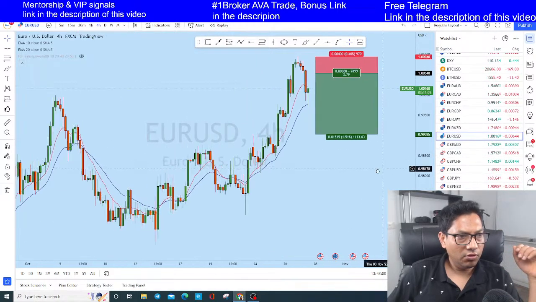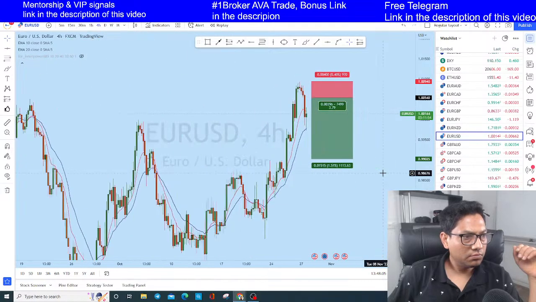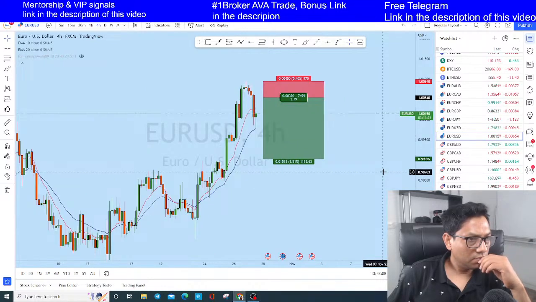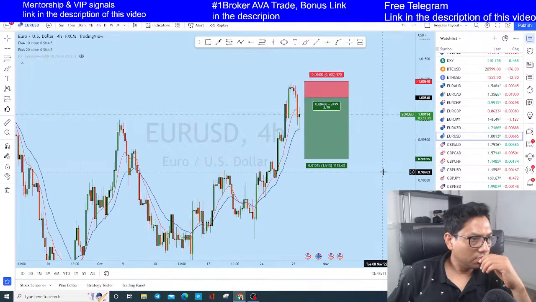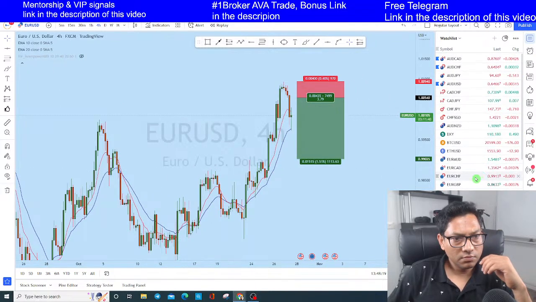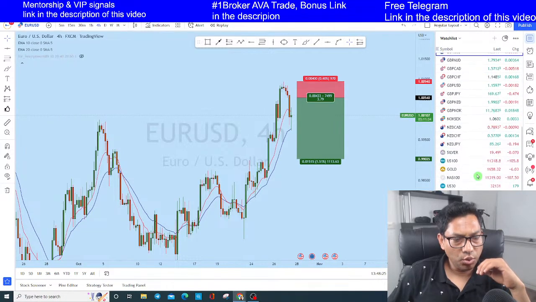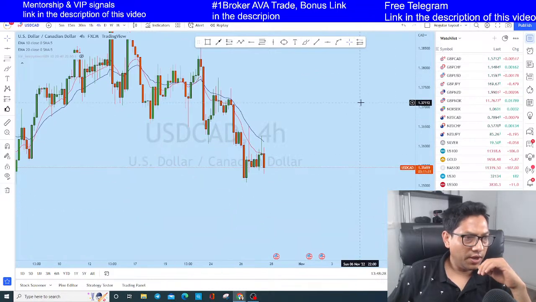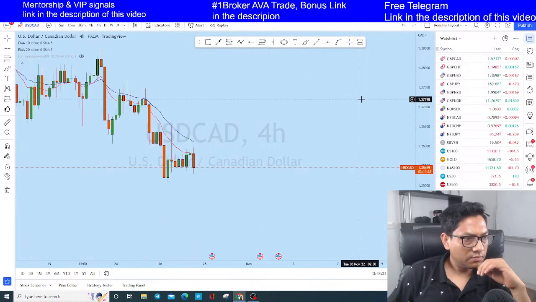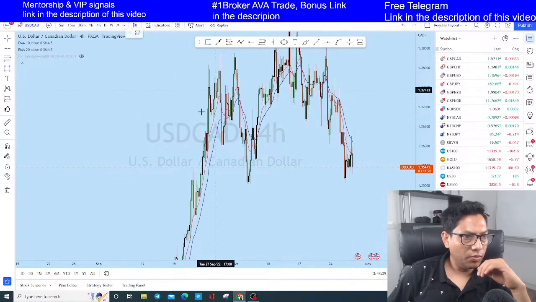let me look at the euro dollar. Just trying to find out in fact which way the market is heading. This is a very strong level of support for dollar CAD.